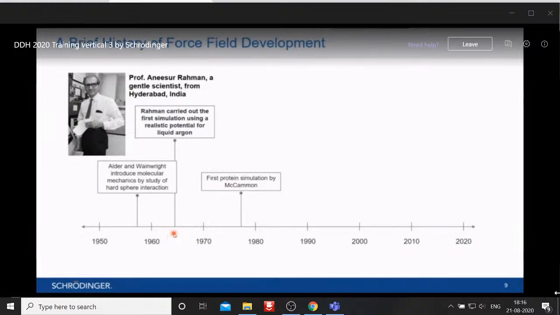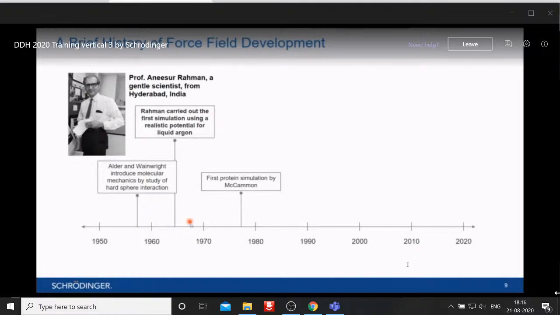In the mid 60s, there was a professor called Anisur Rahman. He was a very good scientist from Hyderabad, India, and then he moved to the USA to carry out his own research. He carried out the first molecular dynamic simulations on liquid argon to study its properties. So this was the pioneering study in the field of molecular dynamic simulation.